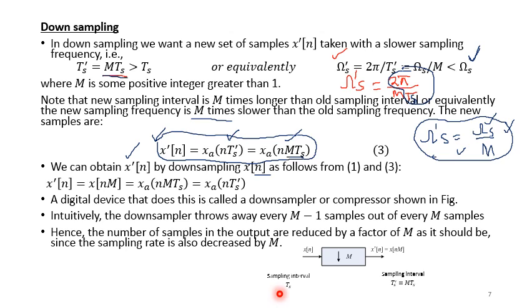The original signal has the sampling interval Ts, whereas the new one has the sampling interval T's, equal to M Ts. Hence, the number of samples in the new signal is reduced by a factor of M, as it should be, because the sampling rate is also decreased by the factor M.